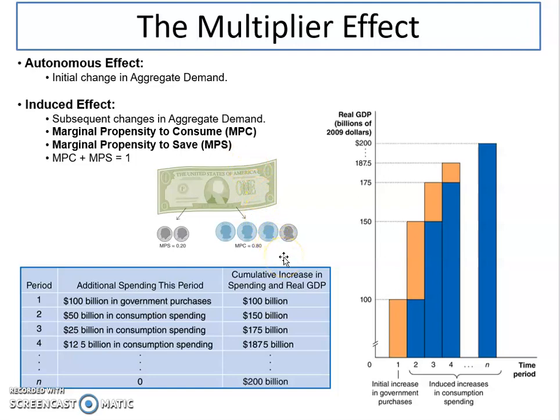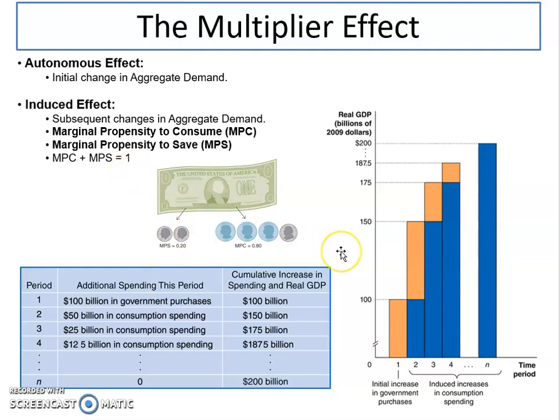So in this example, that would be 20 cents or 0.2. In other words, for every dollar earned in this economy, 80 cents would be spent, consumed, and 20 cents would be saved. Note that if you add the marginal propensity to consume of 0.8 to the marginal propensity to save of 0.2, you get 1.